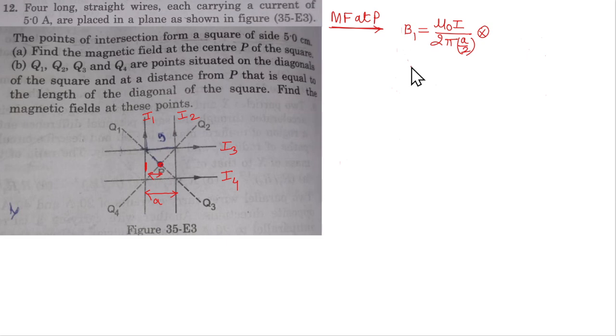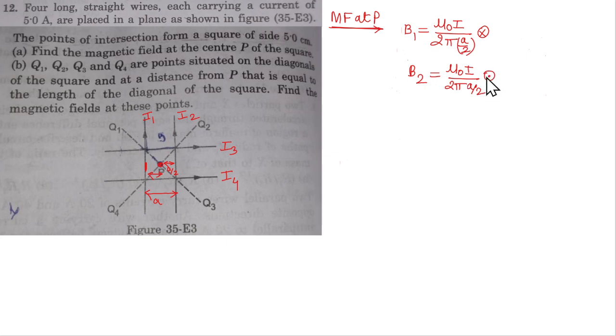In the same way, the magnetic field B2 due to I2 will again be equal to B1, that is mu naught I divided by 2 pi into A by 2, because P is the center, so I2 also has distance A by 2 from point P. The magnitude of the magnetic field will be equal, but the direction is exactly opposite to B1, which is outward to the plane.